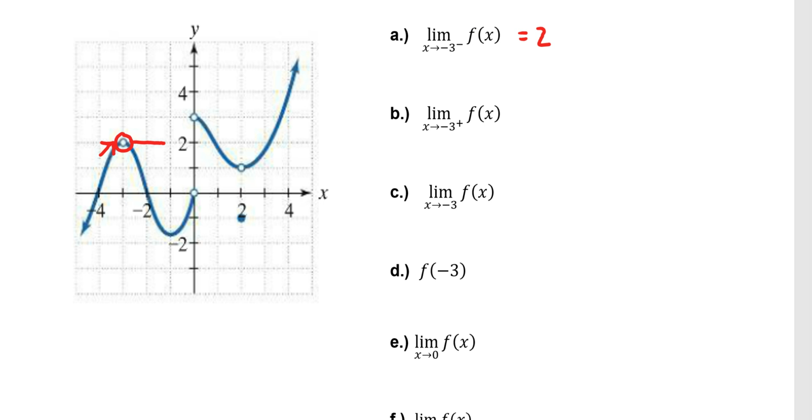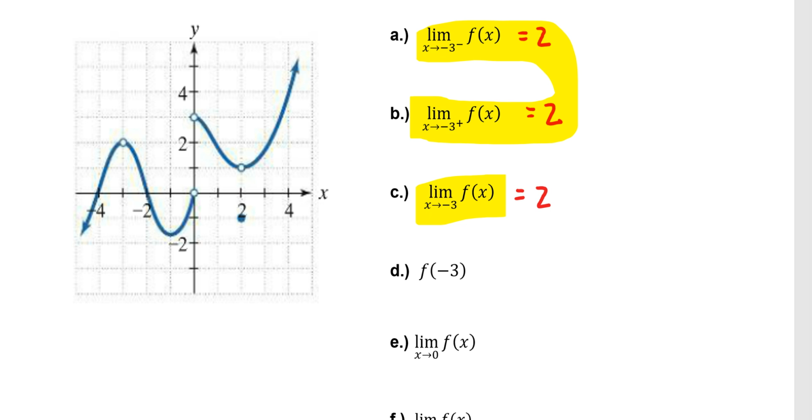Let's do the next one. Let's approach -3 from the right side. So as we approach -3 from the right side, it's also approaching this hole, which is still a y value of 2. And now for the limit in general, just the limit as x approaches -3, since the limit from the left equals the limit from the right, this limit exists, and the answer is also 2.